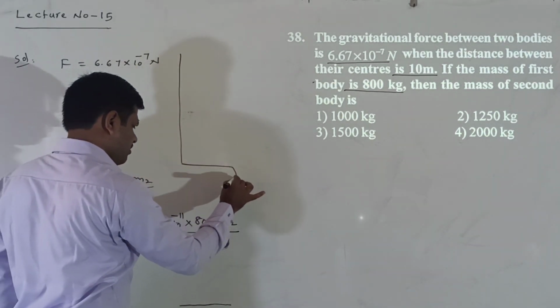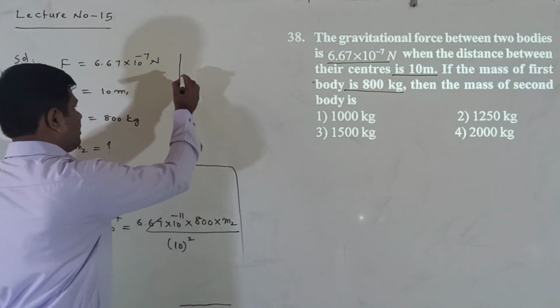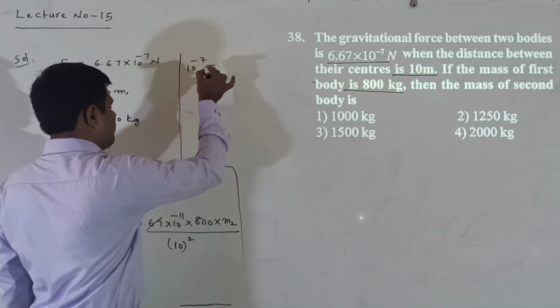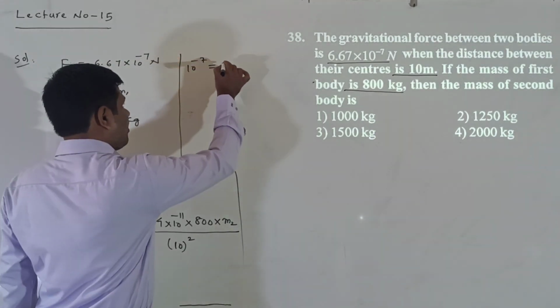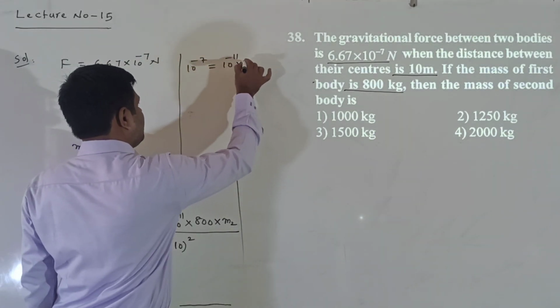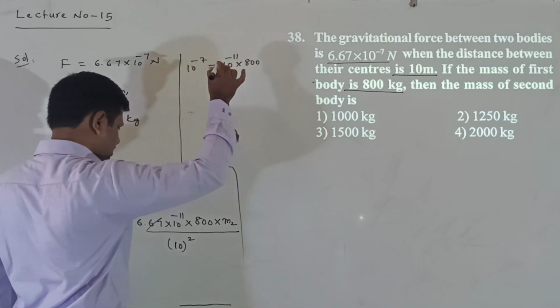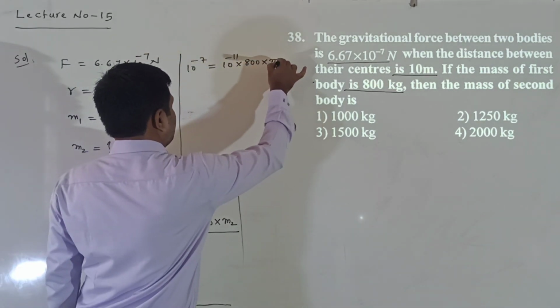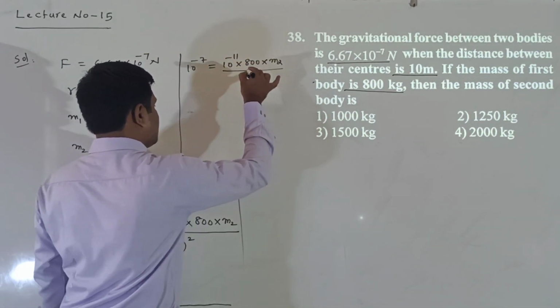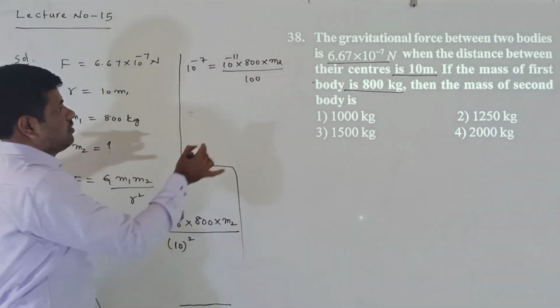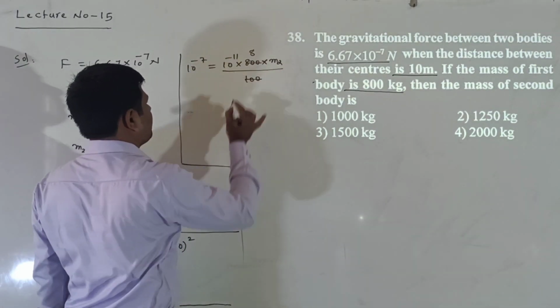Remaining, I am writing here 10 power of minus 7 is equal to 10 power of minus 11 into 800 into m2 by 10 square, which is 100. 100 ones are 100, 100 eights are 800.